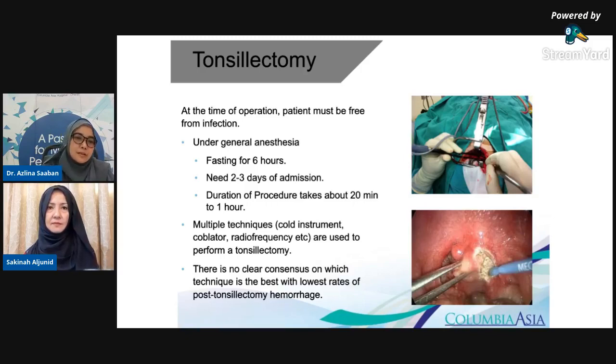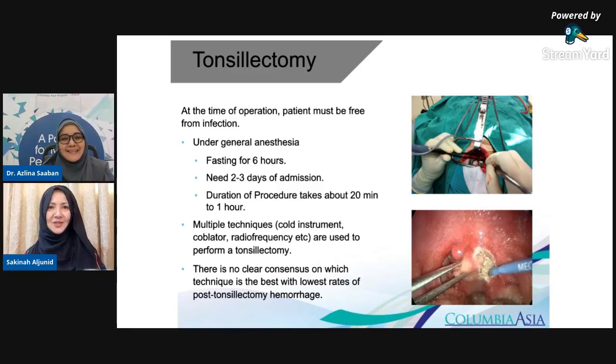It depends on the individual and the patient's condition, and sometimes the pain and the rate of hemorrhage complications make no difference. You can use any instrument you like that is comfortable for the doctor.